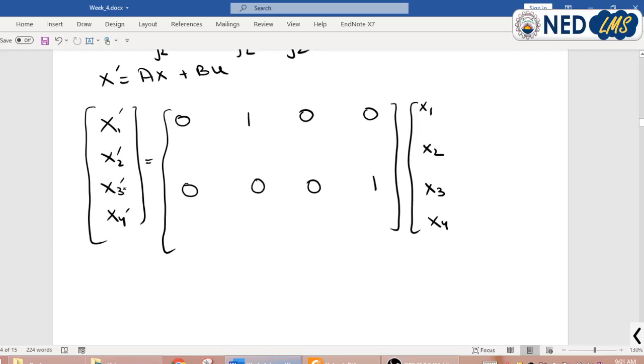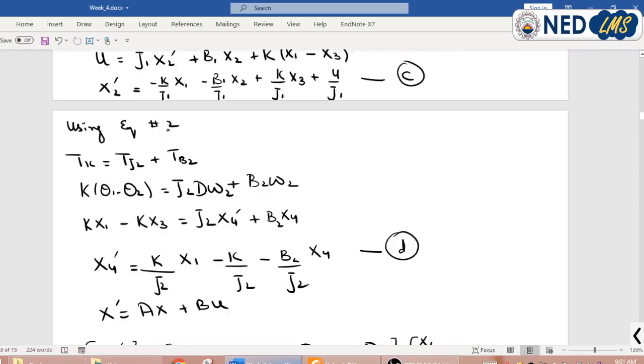For x2 dash and x4 dash we can use equations C and D. x2 dash has the coefficient of x1, the coefficient of x2, and the coefficient of x3.